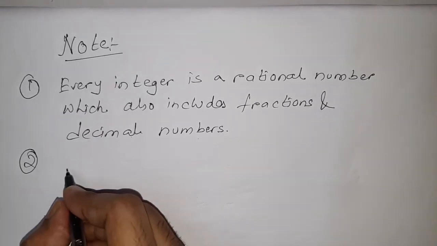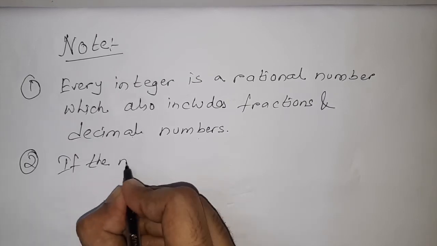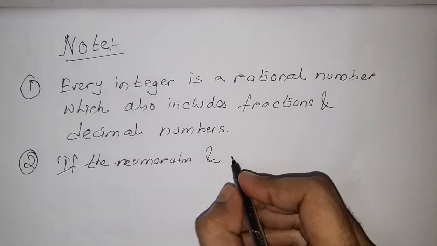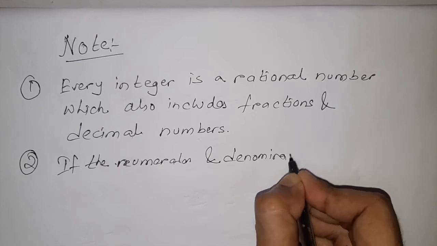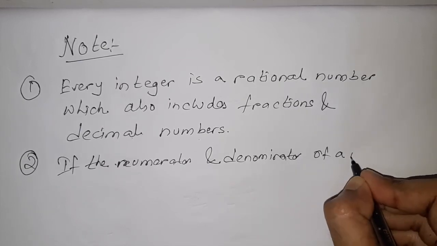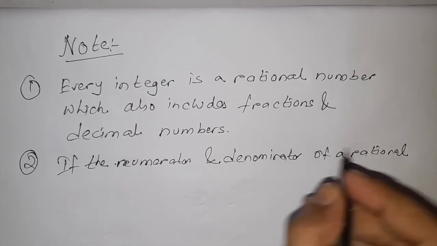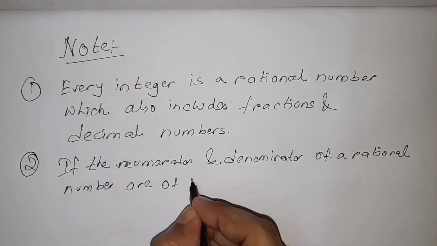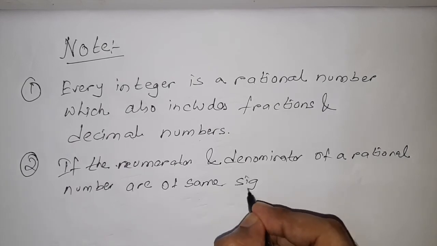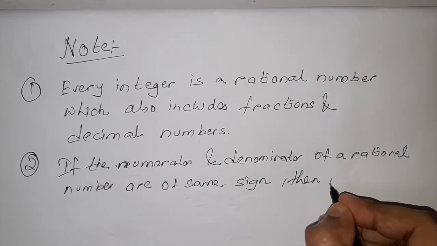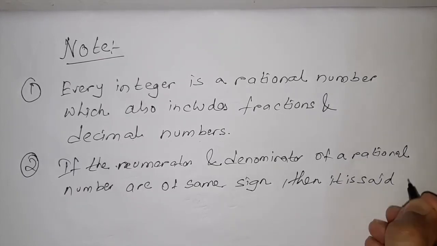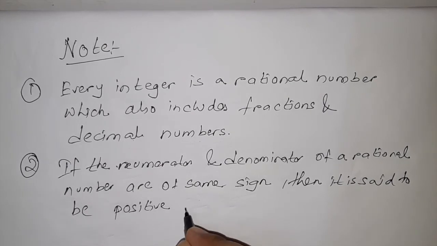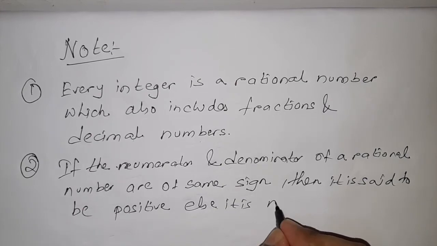Number two is, if the numerator and denominator of a rational number are of the same sign, then it is said to be positive, else it is negative.